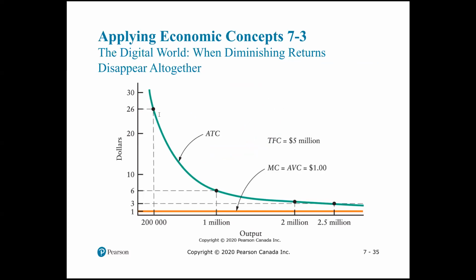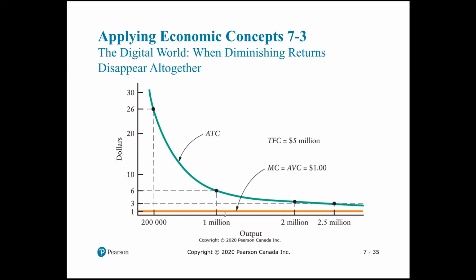It's the average investment. But where is the marginal cost? The marginal cost is always $1. And since the marginal cost is always $1, the average variable cost, the average of all these marginal costs, is also $1. What sort of firm would that be?